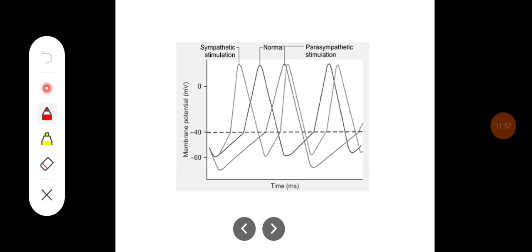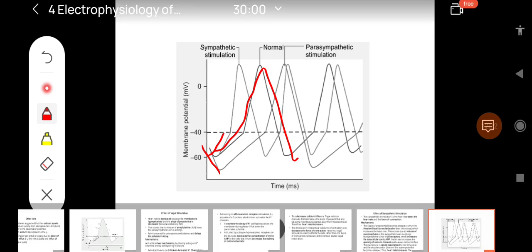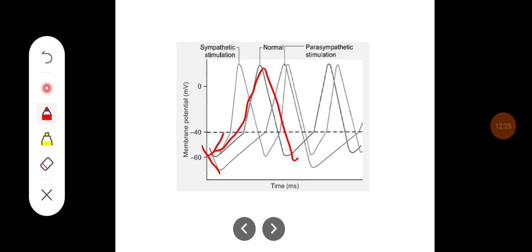Here you can see the normal action potential curve of the pacemaker, and this is the effect of sympathetic stimulation, where the prepotential steepens and the heart rate is increased, whereas in parasympathetic stimulation, because of the delay in the closure of the potassium, the membrane is more hyperpolarized, and there will be a delay in reaching the threshold.